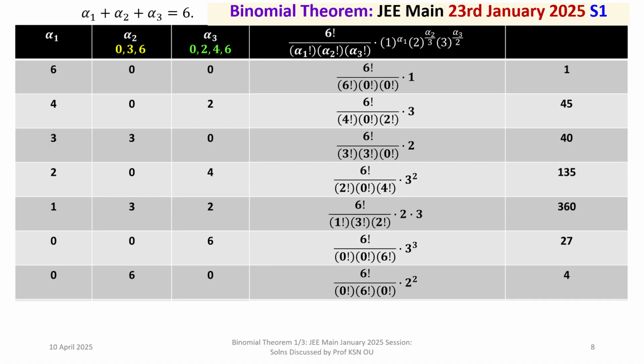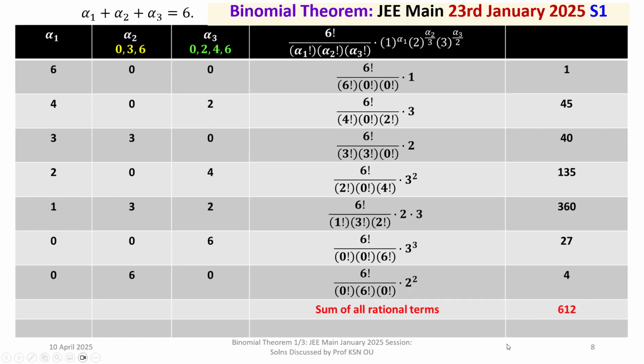It is not difficult, but it will be tedious and it will take a long time. Now, the sum of all the rational terms is 1 plus 45 plus 40, and so forth. When you add all these, you will get 612. Therefore, the sum of all rational terms is 612. The answer to this question is 612.